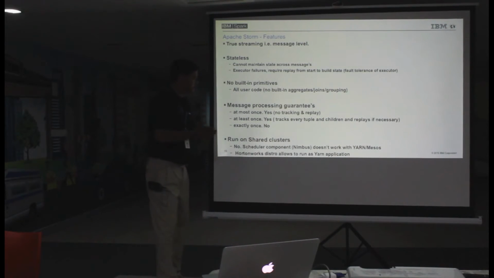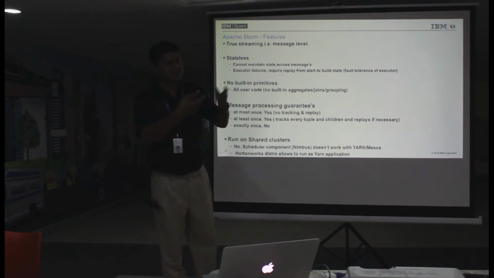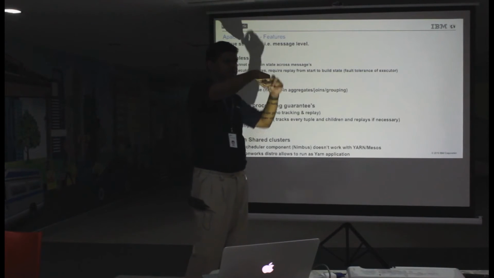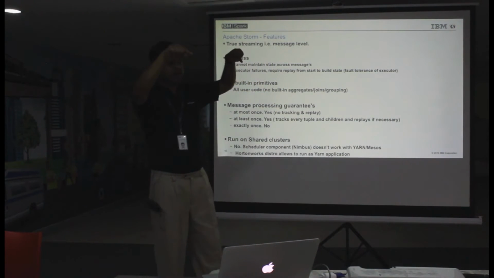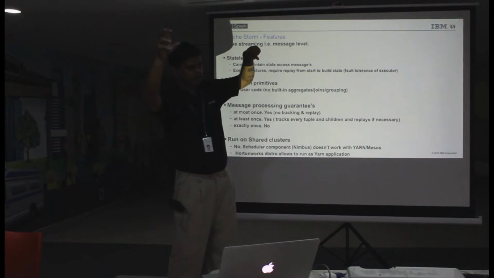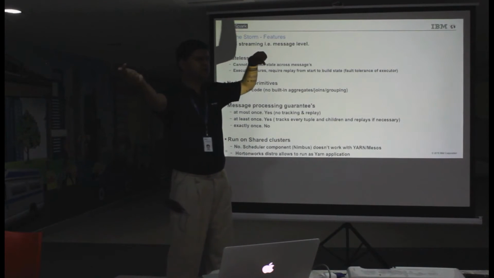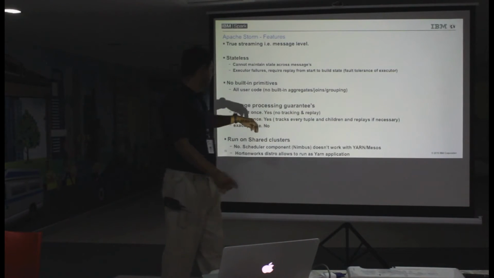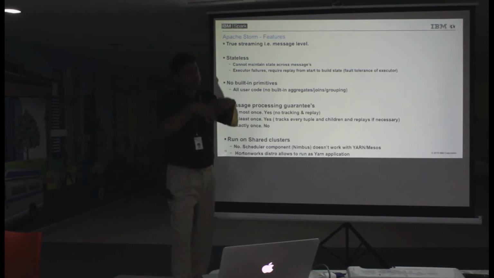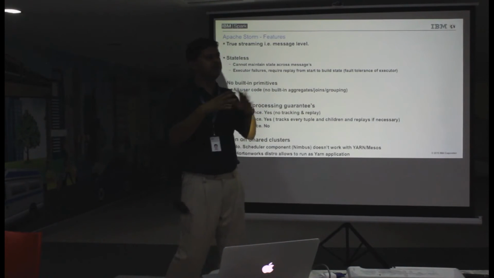Message processing guarantees. Storm by default will be at most once, right? He doesn't track. So I talked about in the previous thing, is there somebody who's tracking where the message flowed? Okay, this guy never received it because he's not getting back. By default, you do at most once, he's not even tracking that, and he will never replay.